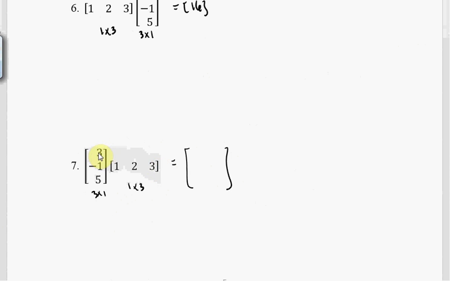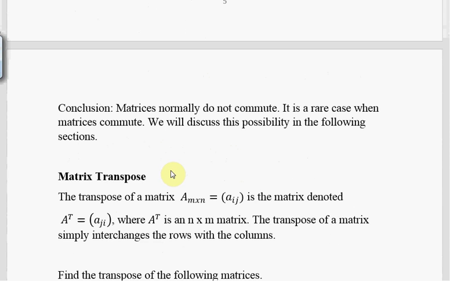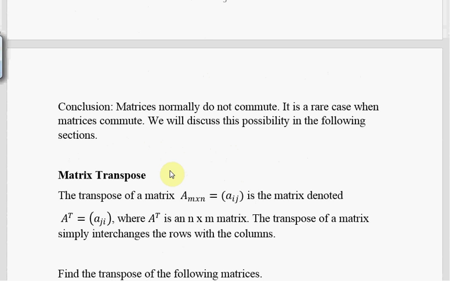Negative 1 times this matrix, you get the second row. 5 times this matrix, you get the third row. So this is just 3, 6, 9, negative 1, negative 2, negative 3, 5, 10, 15. Anyway.